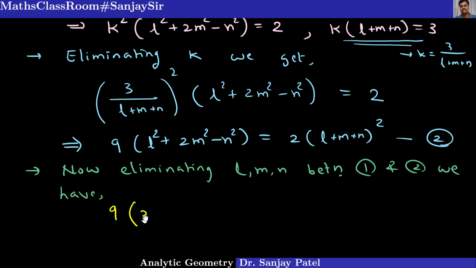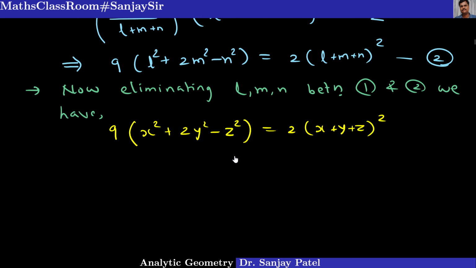Just replace L by x in this case, (x square plus 2y square minus z square) is equal to 2 times (x plus y plus z) whole square, because L is equal to x, M is equal to y, and N is equal to z. So this is the required equation of the cone. And if you want, you can simplify this further. I am leaving it to you.